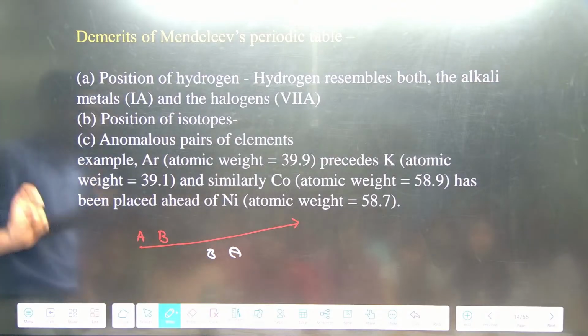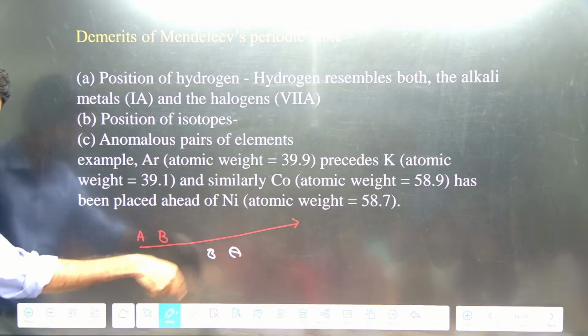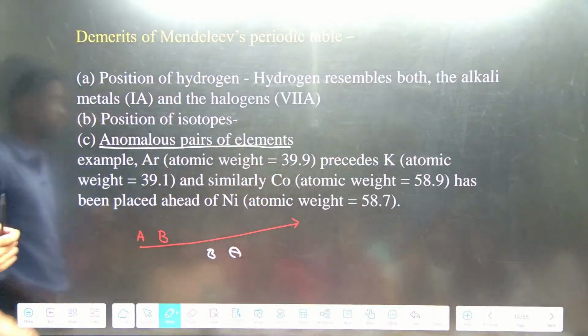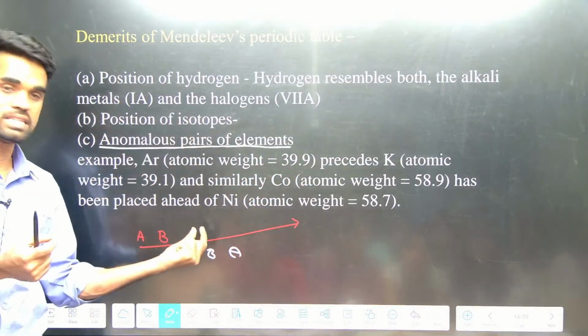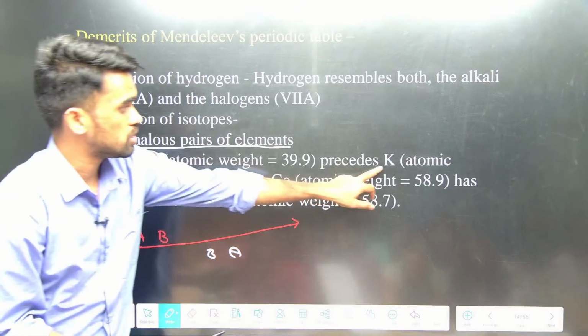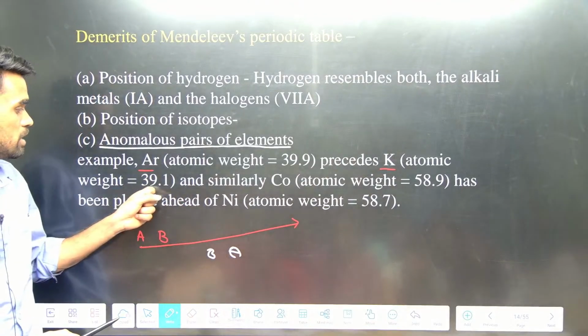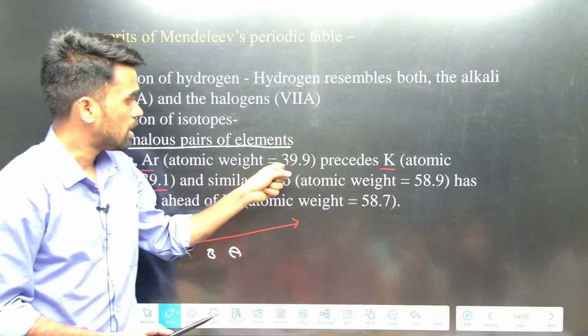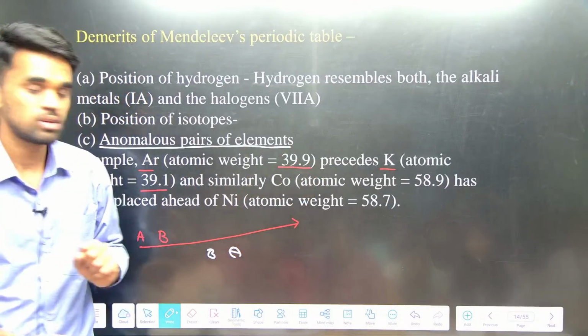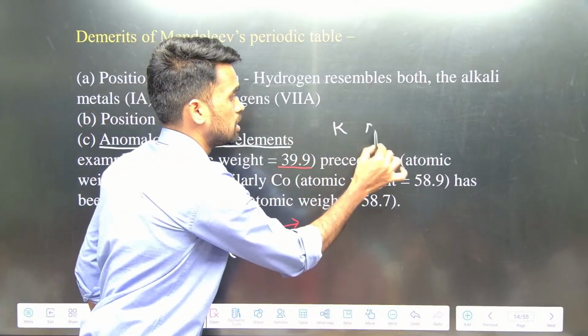So what are those elements? The scenario we discussed is called anomalous pairs of elements. There are some sets of elements having this phenomenon. Argon and potassium: potassium is 39.1, argon is 39.9. It means potassium should come first, then argon.